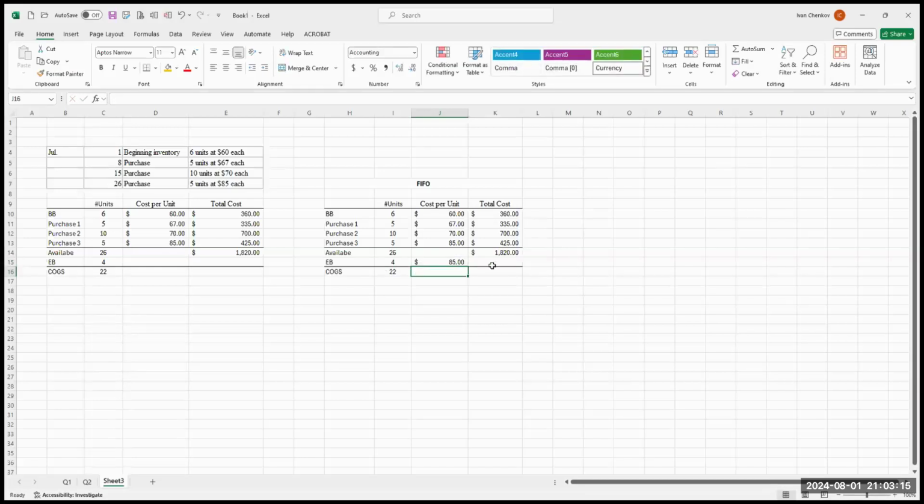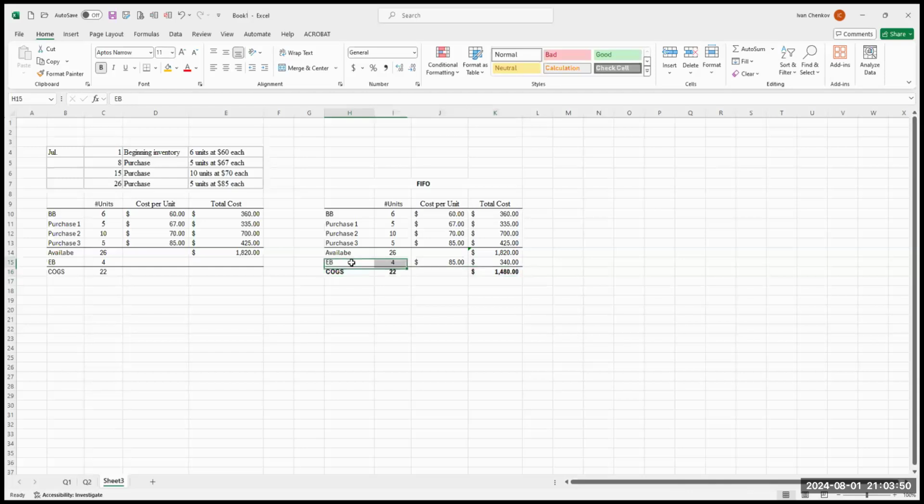So what's the cost of my ending balance at this point? That will be equal to 4 units times $85 per unit. My ending balance is $340. Since I have $340 as an ending balance out of $1,820 available, the rest is my cost of goods sold. So my available minus $340 is going to give me the cost of goods sold, which is $1,480.